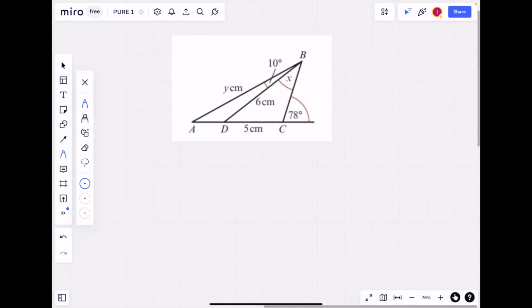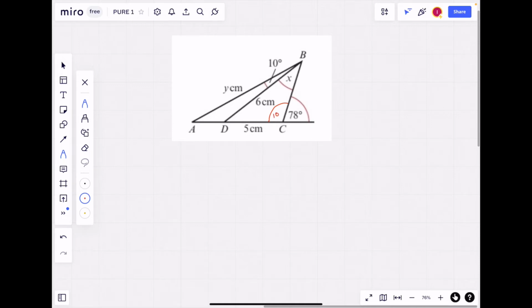This one isn't as straightforward, but it is still very doable. The first step is to work out what this angle is. So, what did you get for that angle? You should have done 180 minus 78.